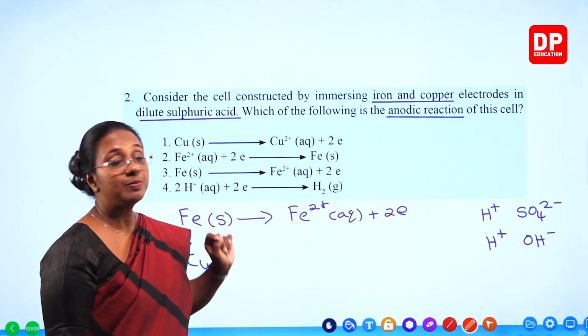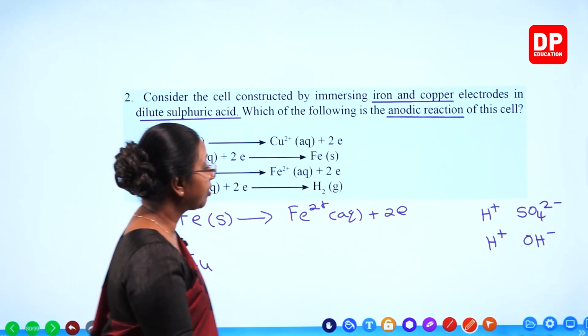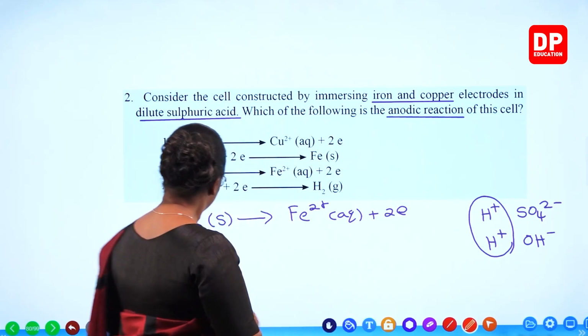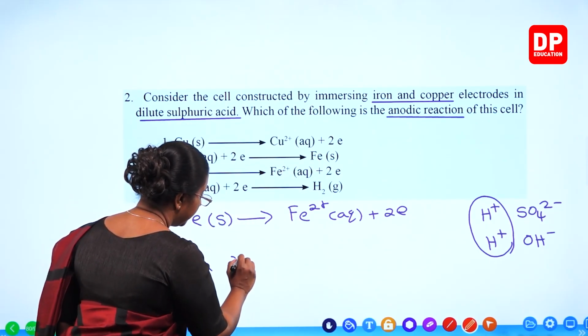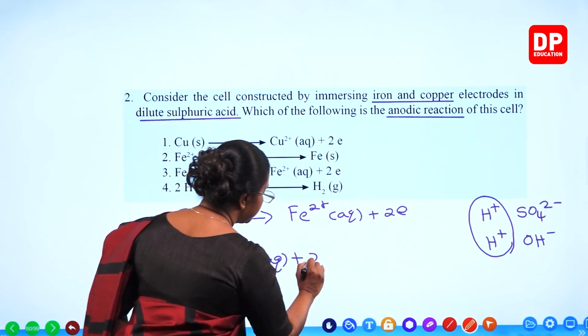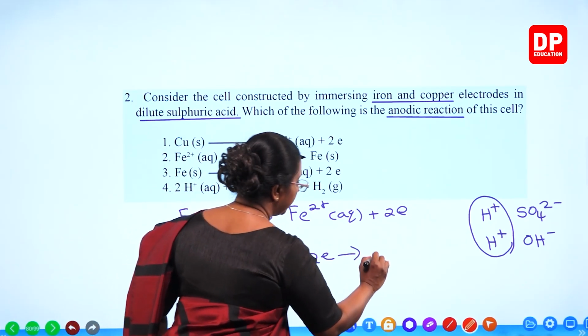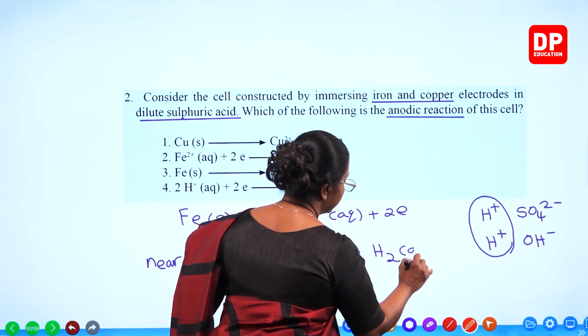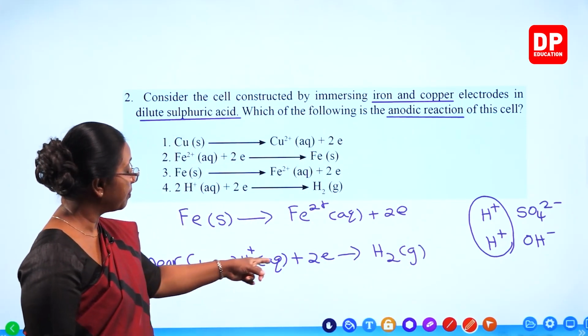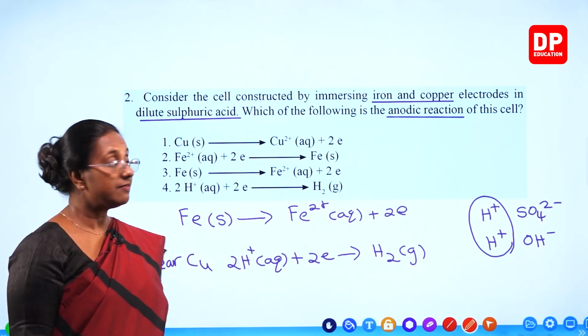The H plus ions go towards the copper electrode and get reduced there. Near copper, H plus ions take up 2 electrons, forming H2 gas.